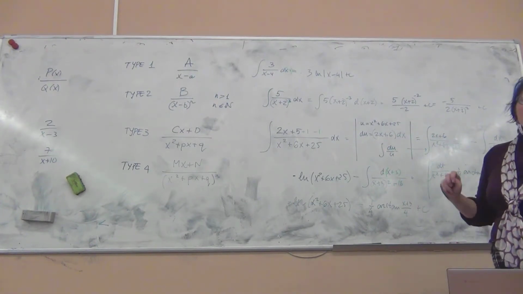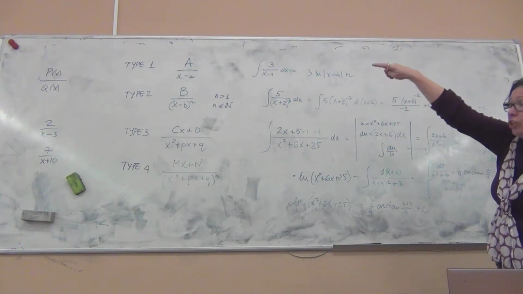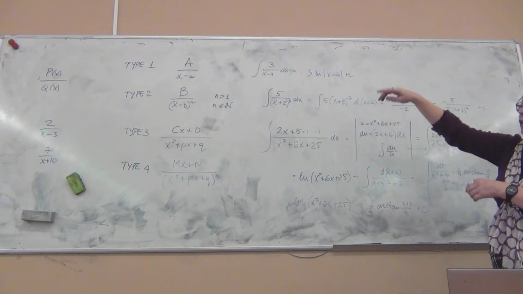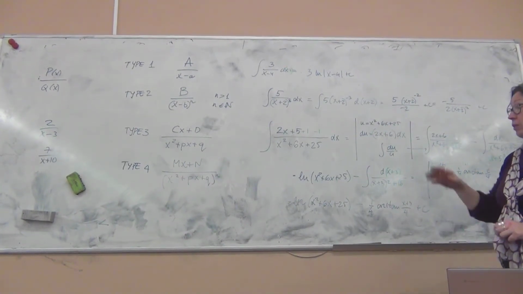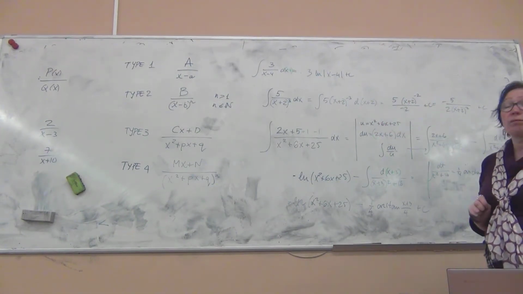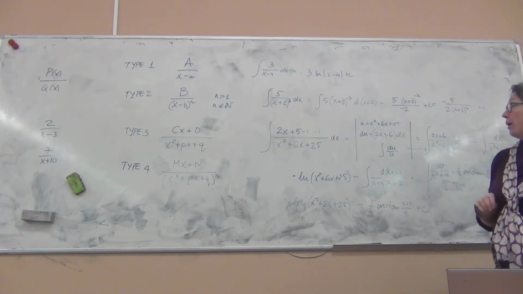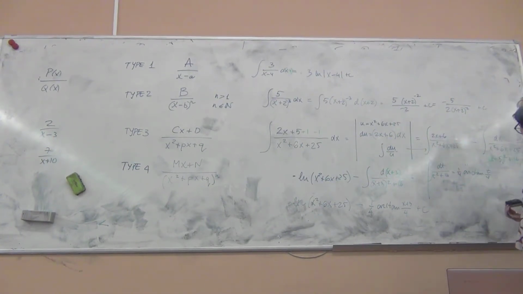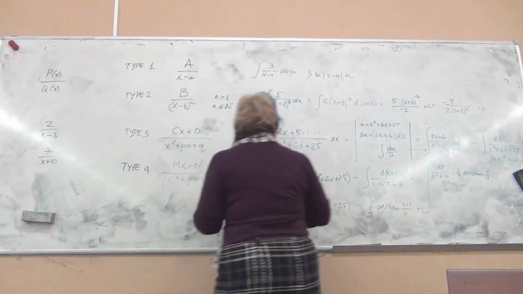We are doing calculus now, so we have no time to prove that any rational function could be split into these in one and only one way, by the way. This expansion is unique for every rational function. You cannot do it in two different ways. But that's proved in the algebra course, not here.